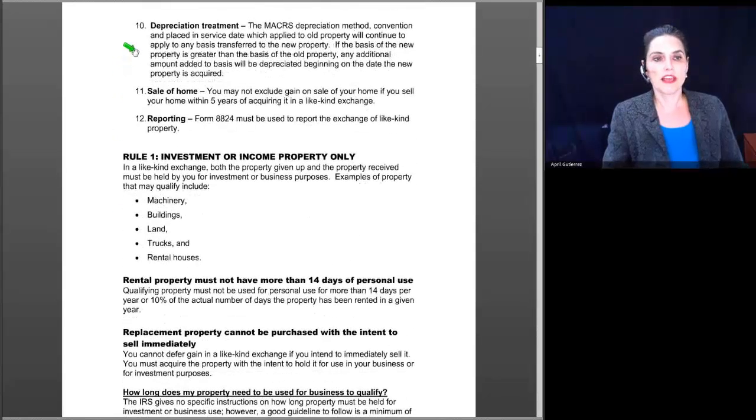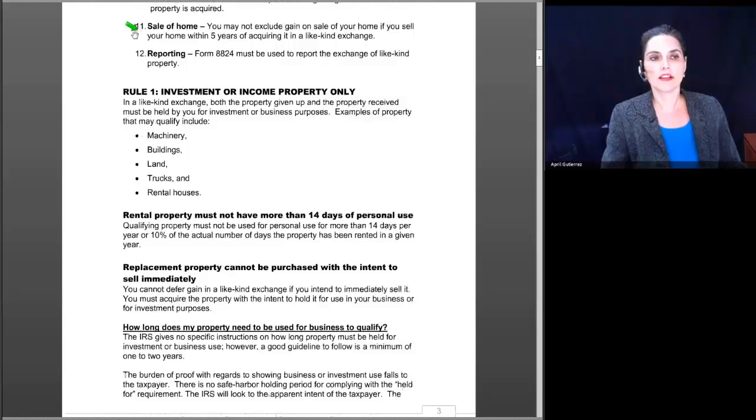Depreciation treatment. The depreciation method, convention, and placed in service date that applied to the old property will continue to apply to any basis transferred to the new property. If the basis of the new property is greater than the basis of the old property, any additional amount added to basis will be depreciated beginning on the date the new property is acquired. Rule number 11, sale of home.